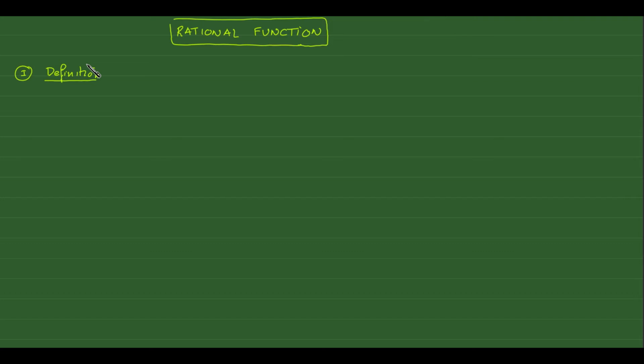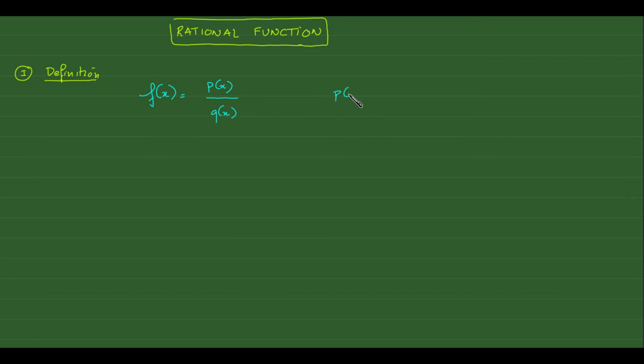Besides, the numerator and denominator are polynomial expressions. So the rational function could look like this: f of x equals p of x on the top, a polynomial expression, and on the bottom q of x, which is another polynomial.